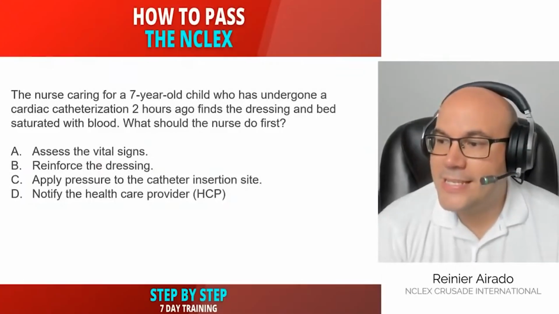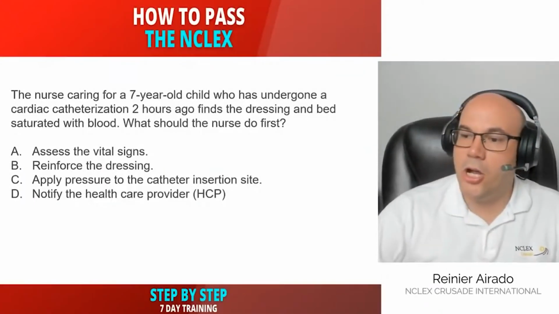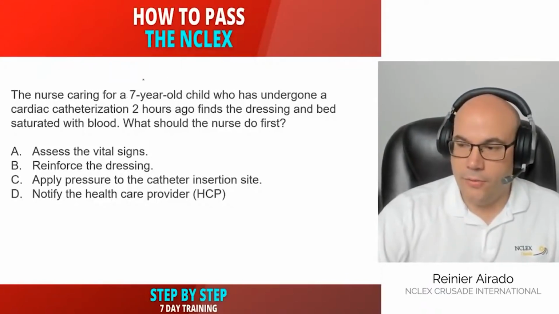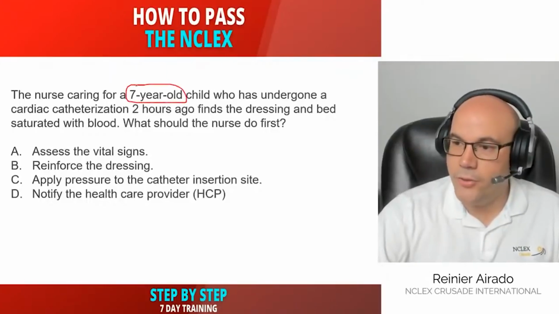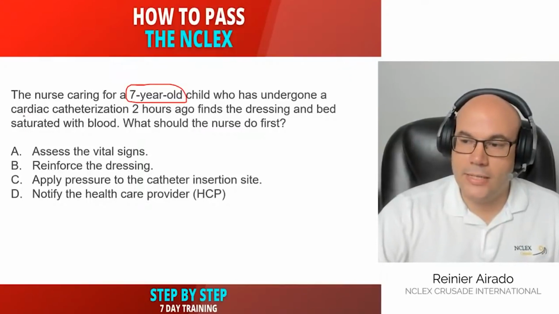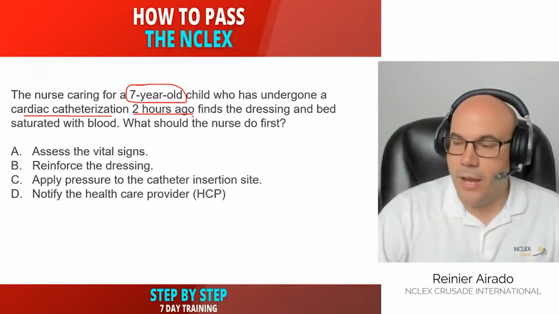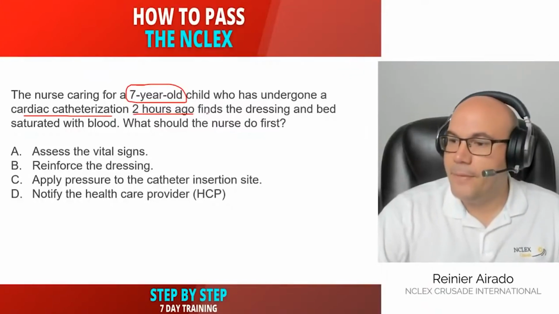The nurse is caring for a 7-year-old child who has undergone a cardiac catheterization 2 hours ago. So they're giving us information about the child, 7-year-old. The procedure was a cardiac cath 2 hours ago, so pretty recent.